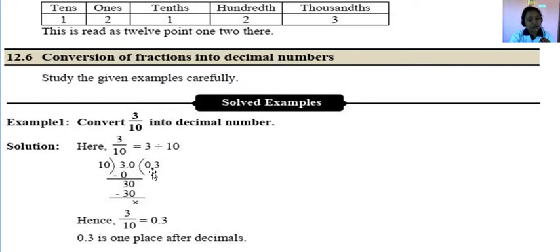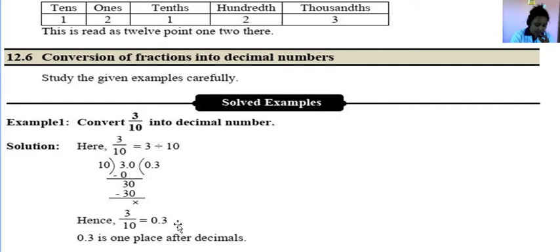Whenever we place the decimal point, we can keep a 0 after the given number. So 10 threes are 30, the remainder will be 0, and finally we get the fraction as a decimal, equal to 0.3.